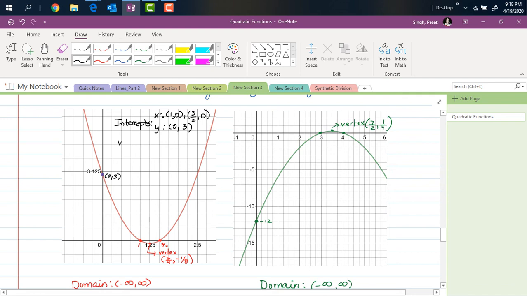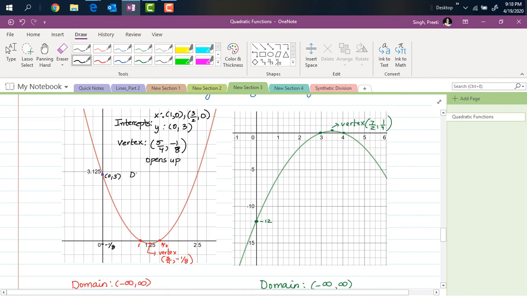Then what were the coordinates of the vertex? The coordinates of the vertex are 5/4 and -1/8, which is right here. 5/4 is 1.25, and then -1/8 is right here. It opens up, we know that. Its domain is always negative infinity to infinity.